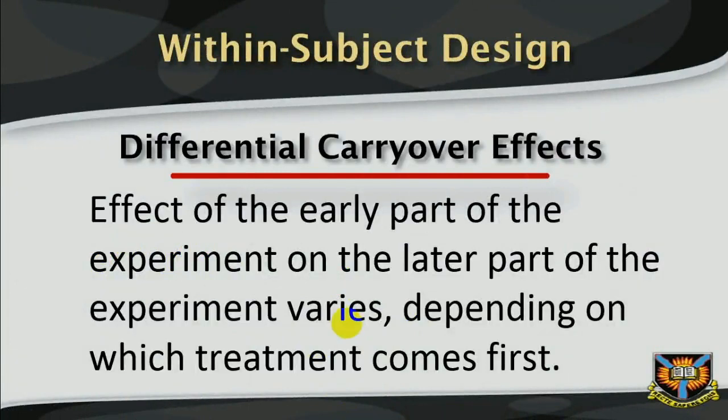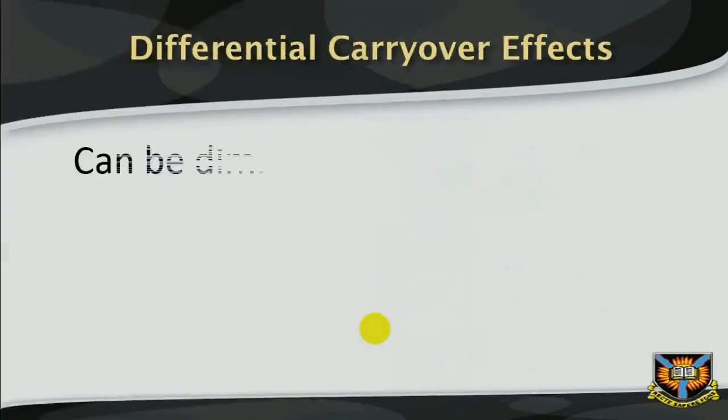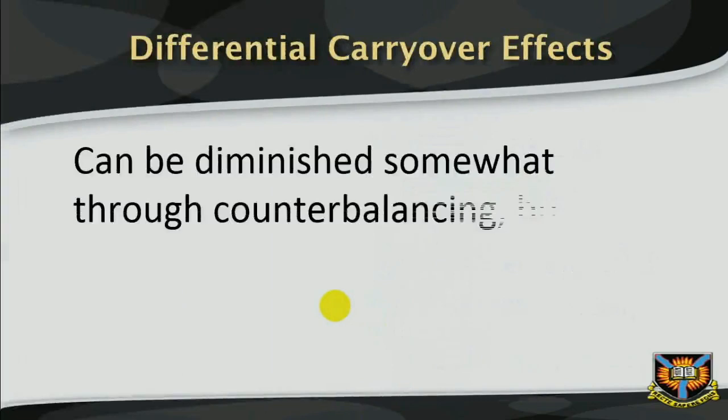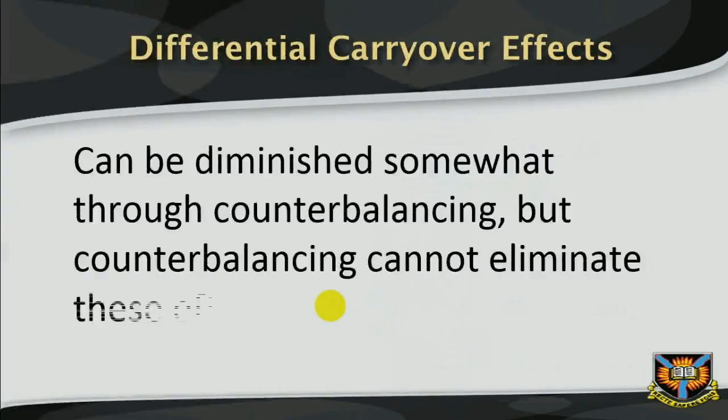Imagine that all 30 subjects first learn items with 5 repetitions and then learn with 1 repetition. As a result of their earlier experience with 5 repetitions, they might decide to repeat to themselves 4 more times the item that is only presented once. This would destroy any differences between the two levels of the independent variable.